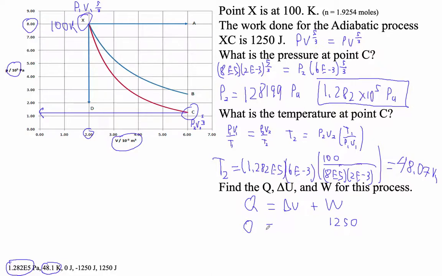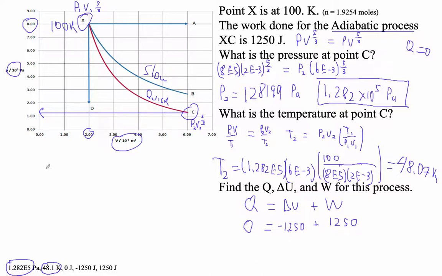Notice that the temperature dropped, so it must be that delta U is negative 1250. Because remember, adiabatic means the heat flow is zero, Q is zero. It happens quickly. Isothermal happens slowly, adiabatic quick. So the temperature drops.